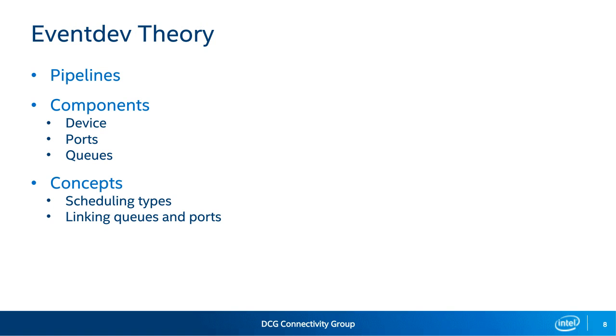But if you look through the slides, you will see all the links and pointers to documentation that you can pick up. So we need to talk about pipelines, and then the components inside the eventdev, like devices, ports, and queues. Then the different types of scheduling that we were just talking about, and then how you link the ports to queues to get this functionality working.